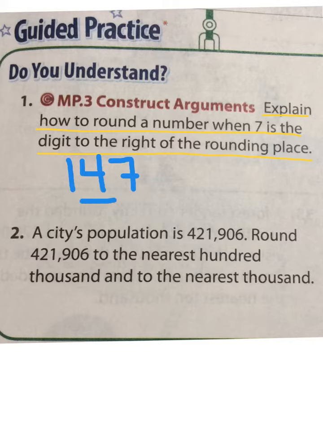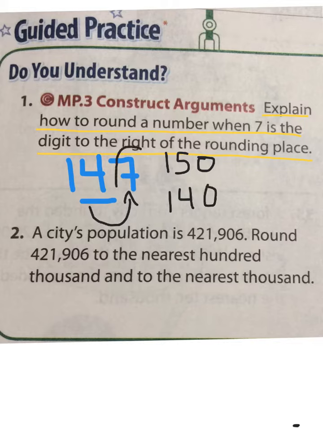If 7 is to the right of the tens place, then our tens place will round up. And one digit more than 4 would be 5. So we would either be rounding to 150, because that would be a multiple of 10, or 140.